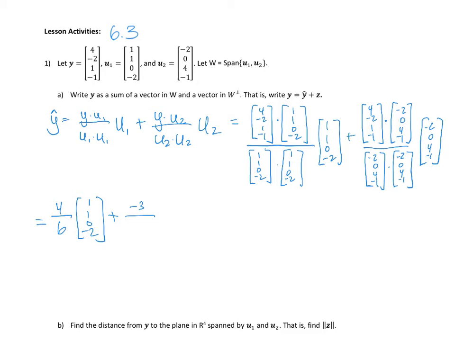And then my denominator is going to be 4 plus 0 plus 16, so it's 20, plus 1 is 21. I'm going to reduce these fractions before I multiply. So 4/6 reduces to 2/3, and negative 3 over 21 reduces to negative 1/7.